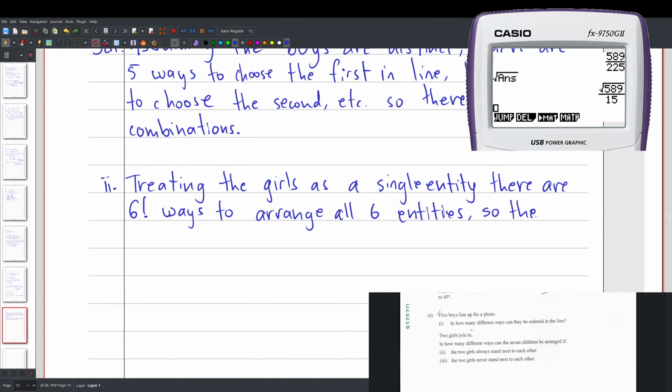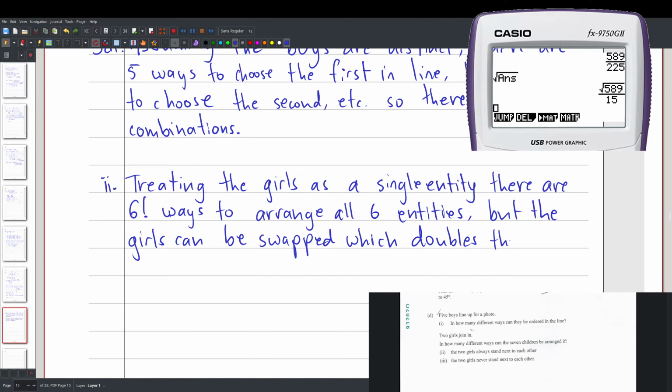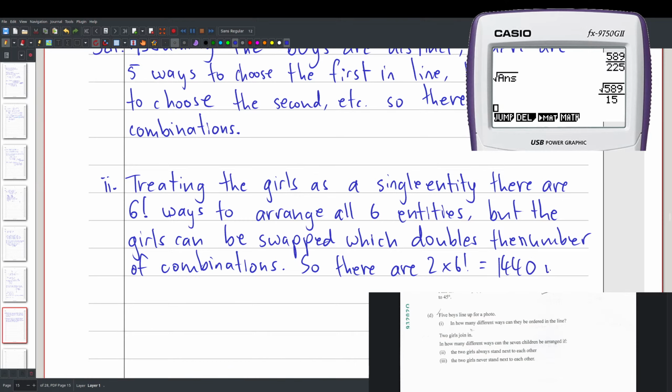But the girls can be swapped, which doubles the number of combinations. So there are 2 times 6 factorial equals 1440 ways.